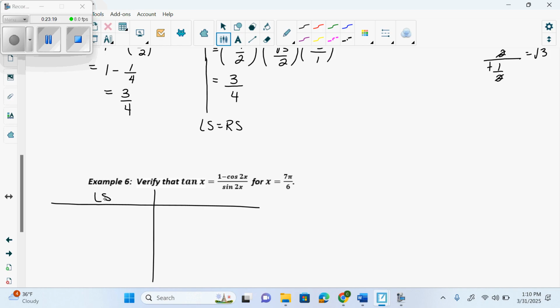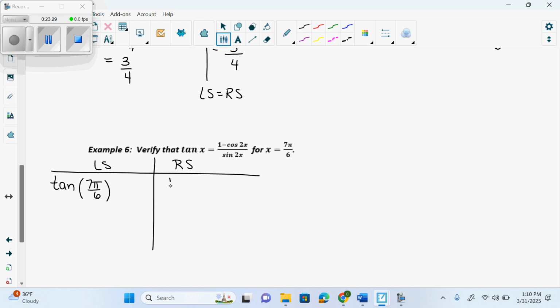LS, RS. So we have tan of 7 pi over 6, and then we have 1 minus cos of 2 times 7 pi over 6 over sine of 2 times 7 pi over 6.